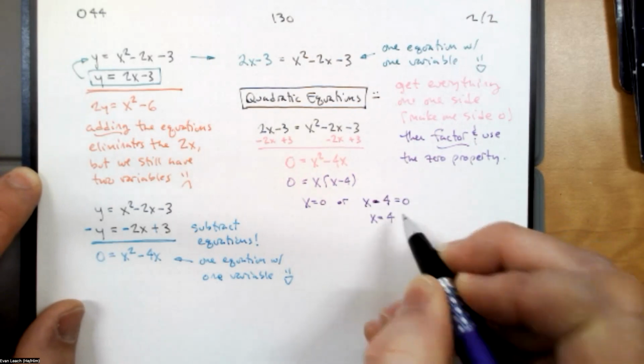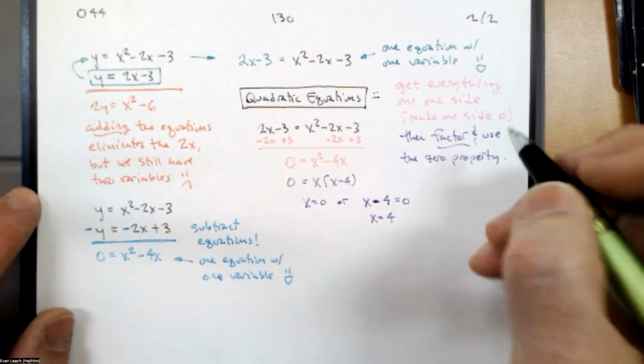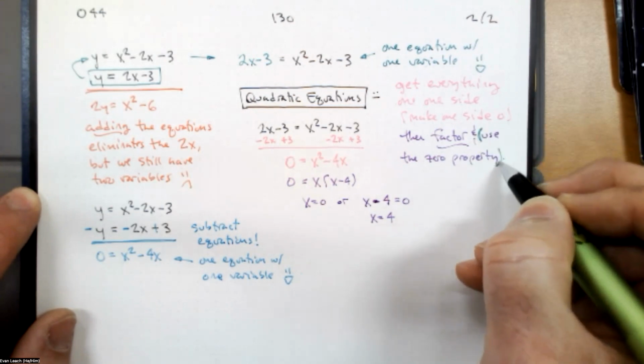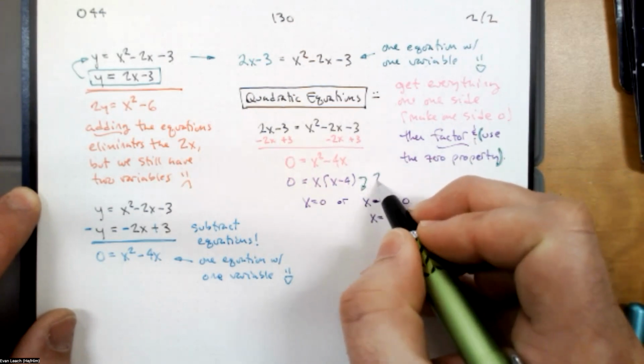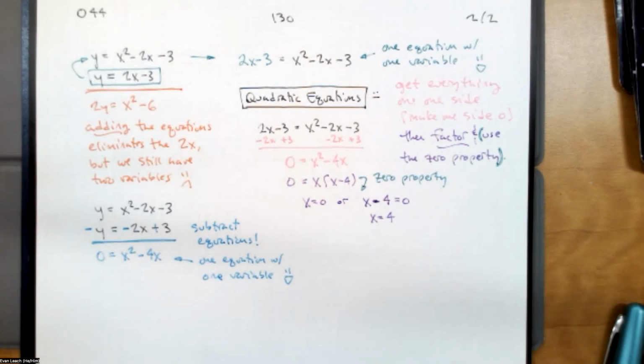So x equals 4. The advantage of this is that factoring is easy. It's good at factoring. The disadvantage is not all polynomials are factorable.